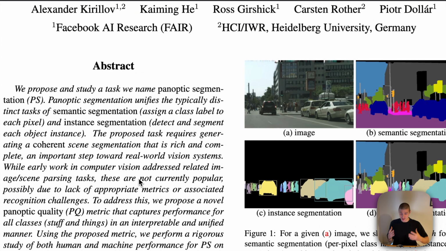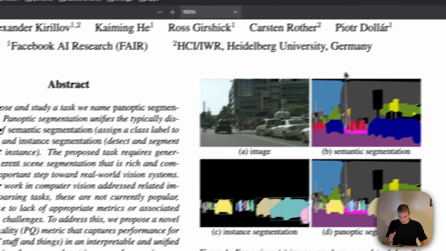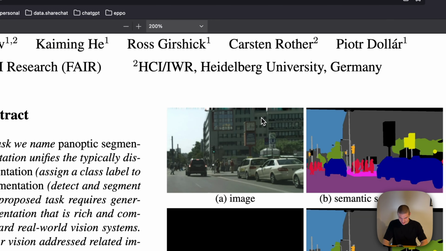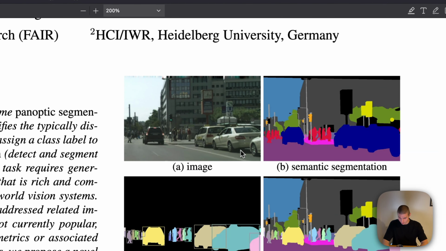And so it's easier to explain if I just show you the paper. So they have, at the very beginning, quite a nice example of what different types of segmentation there are. So first, segmentation, the word itself, meaning dividing the image into some sort of segments. And they can mean anything, but in computer vision, we usually talk about semantic segmentation.